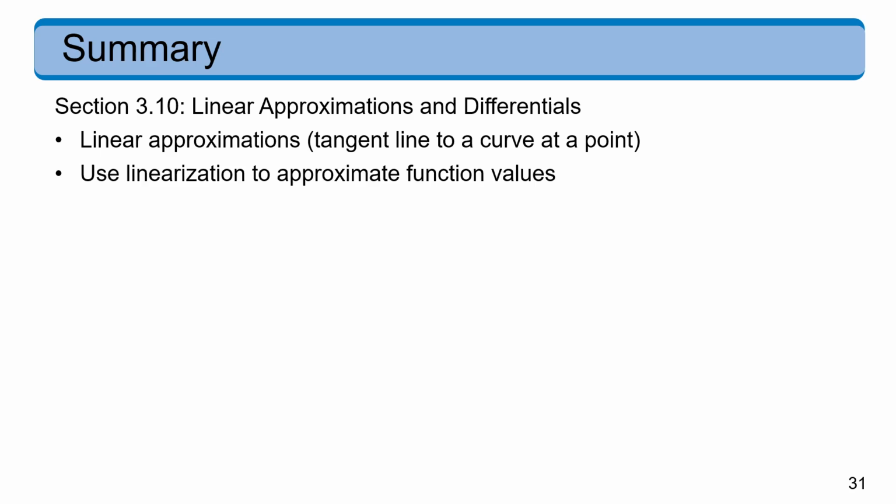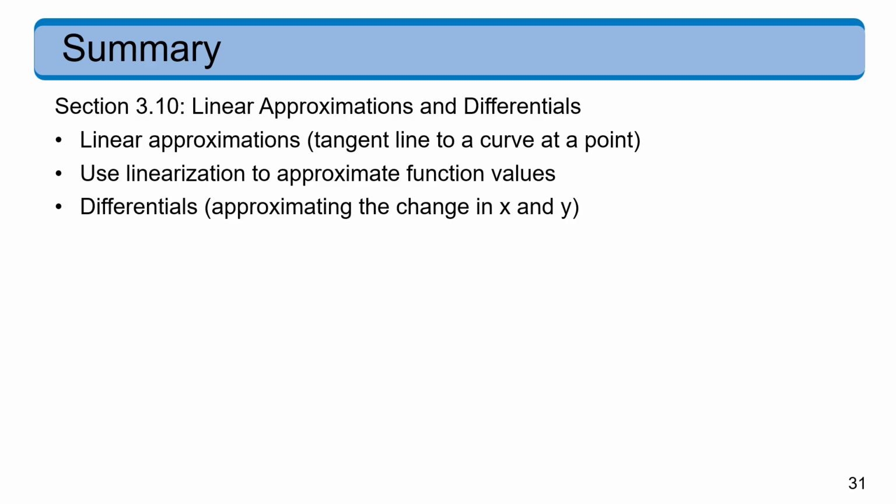And we saw one use of these linearizations is to approximate function values that might be hard to calculate using the actual formula for the function. So instead, you can create a tangent line or a linearization at a nearby point, and then just plug the value into the linear function, which is much easier to calculate.